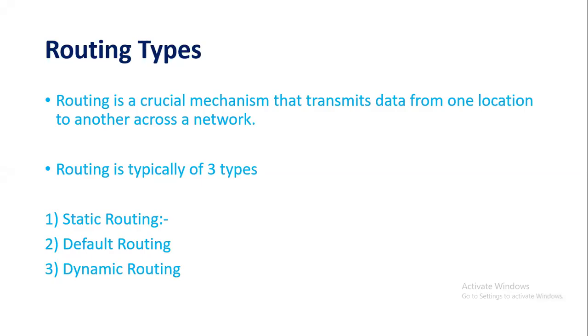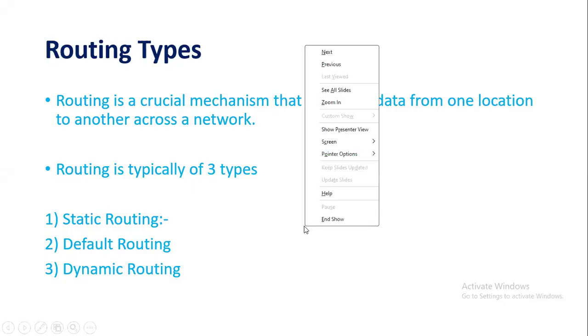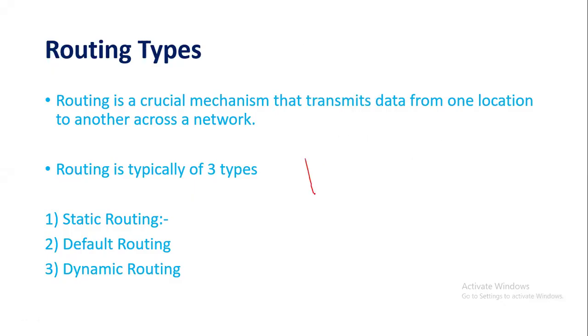You have multiple locations: one location in the US, another location in Pune, and you want to communicate between the offices. That should be possible. A layer 3 device, it can be a router, a firewall or any layer 3 device, should communicate between them.